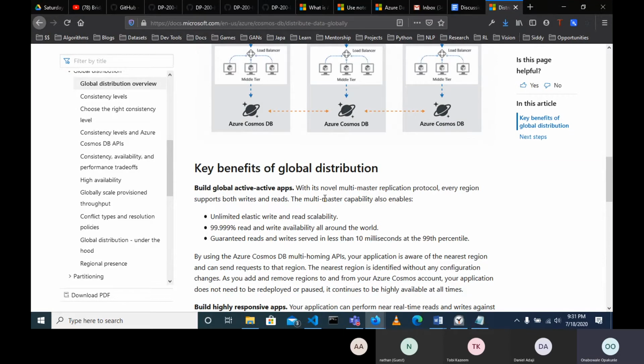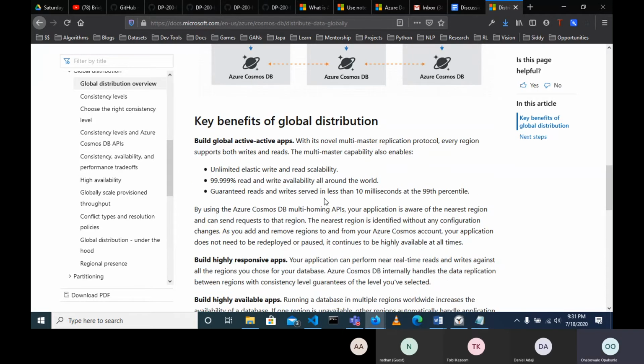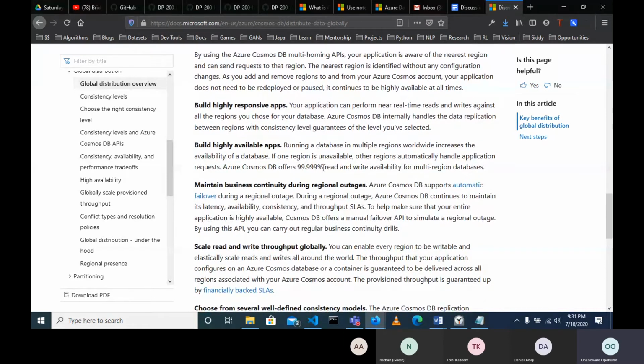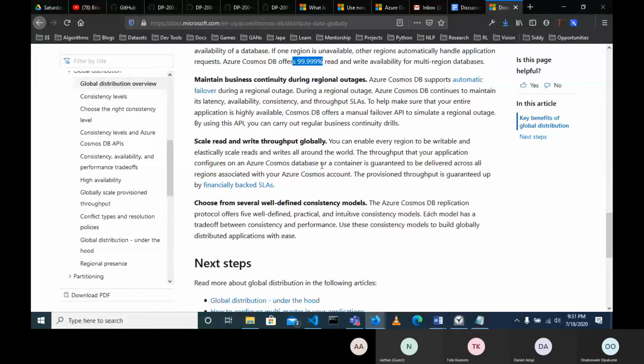And it is based on their SLAs. It has high availability, and it has unlimited read and write access. It is very, very scalable. So these are part of the advantages that it can bring to an organization. That will help them build highly responsive apps, apps that are always available 99.999%.